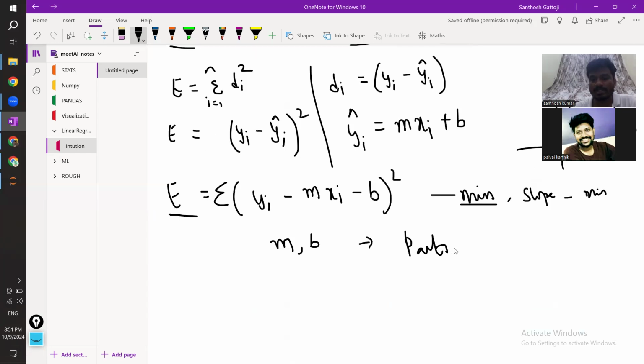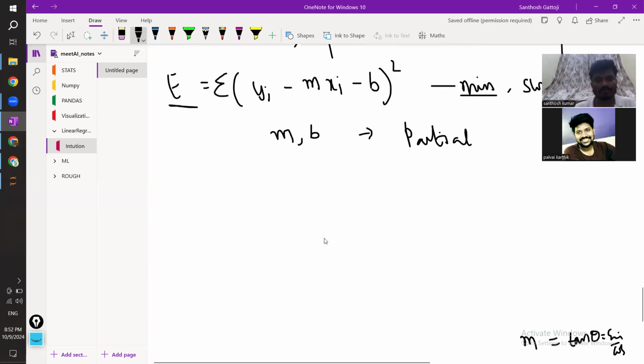That means initially you do differentiation only with m, and while doing that you consider b as constant. After that you do differentiation with b, and while doing that you consider m as constant. Once you do that, you get these two values, and using those you can get the values, and it is not that hard.